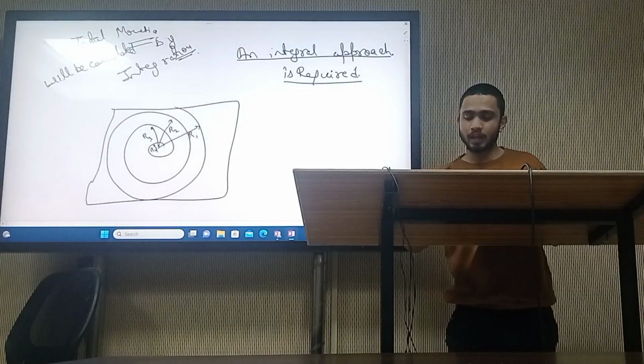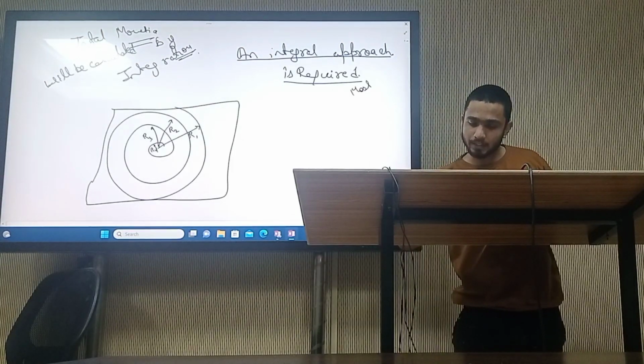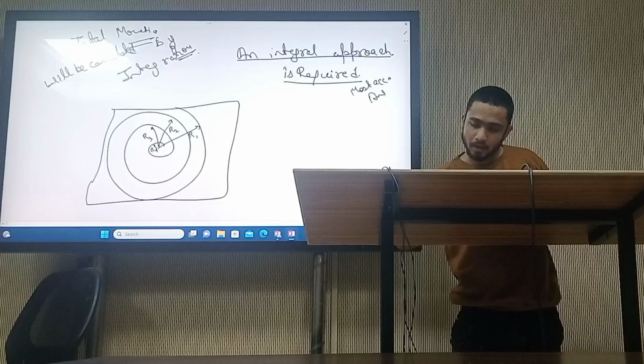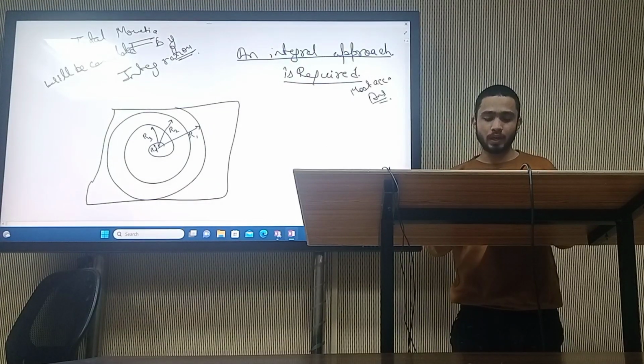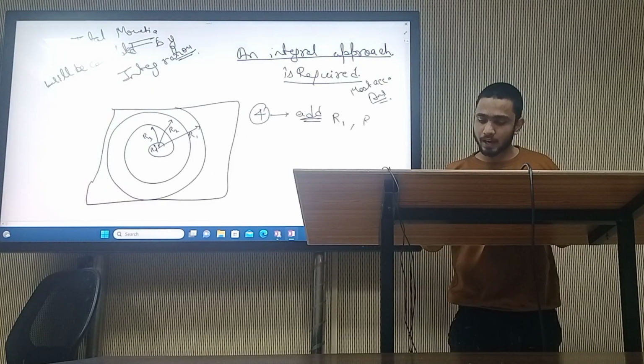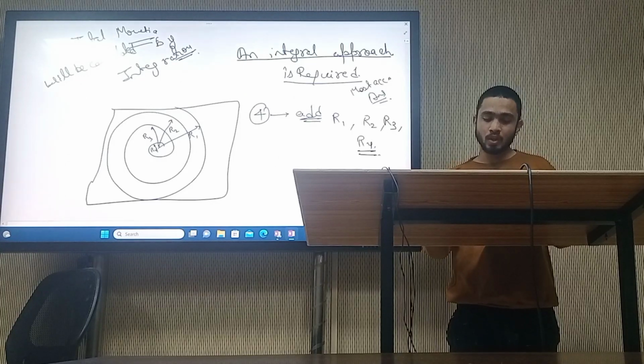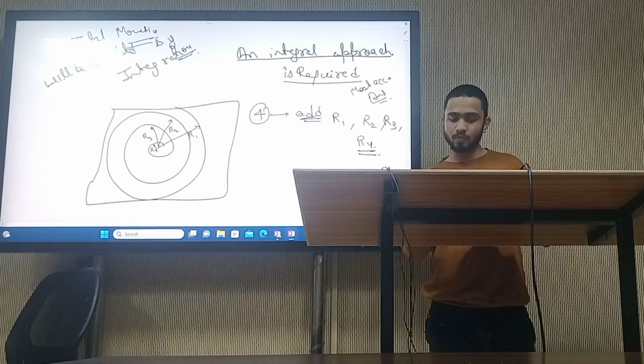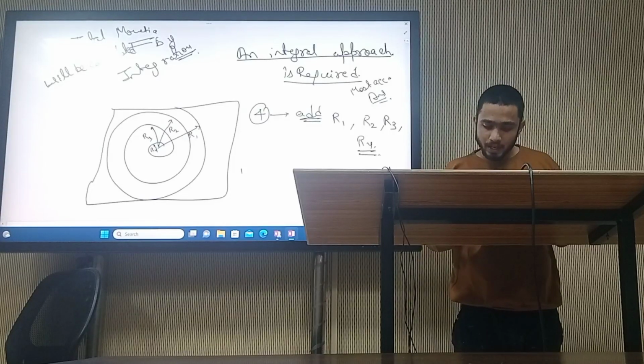Suppose this has a radius of r1, this has a radius of r2, this has a radius of r3, and this inner one has a radius of r4. The integral approach will give the most accurate answer, but what we will do is calculate these four moments of inertia and add them.